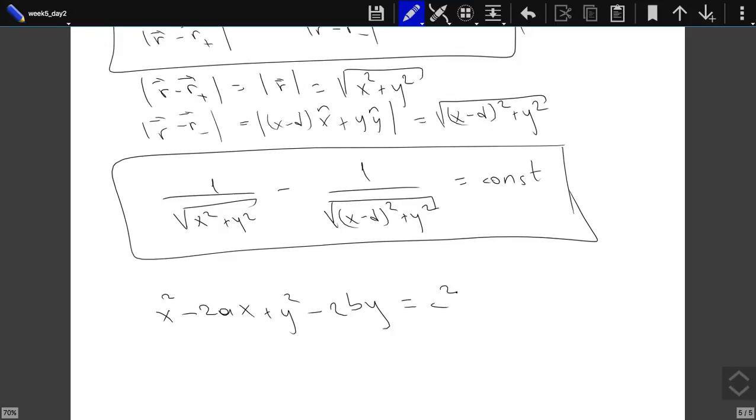Can you convert this equation into this equation? So that's the question. If you convert this into this equation or an equation that looks like this one, then you know that it's a circle with center at a and b.